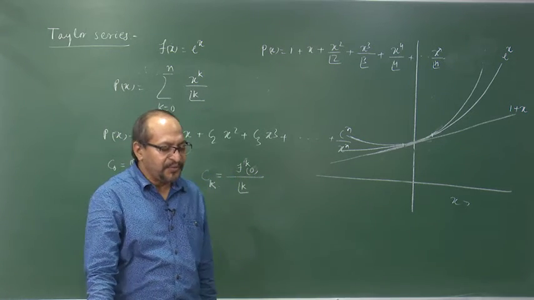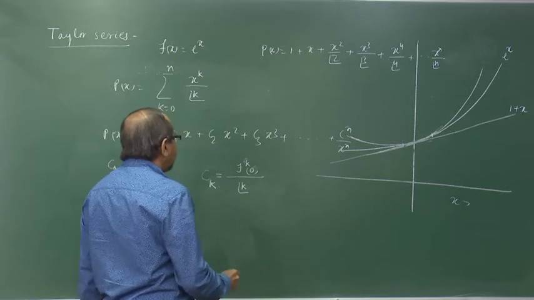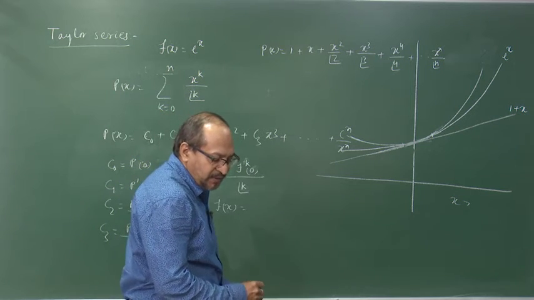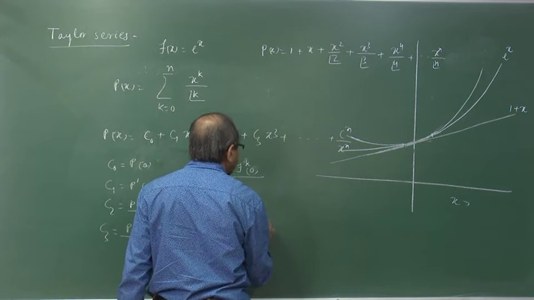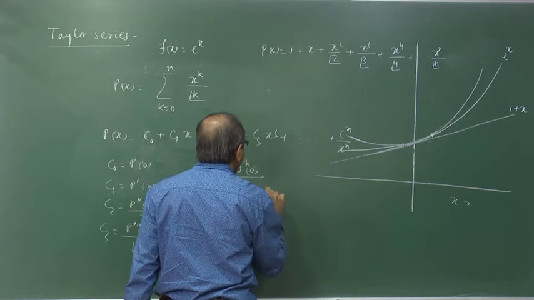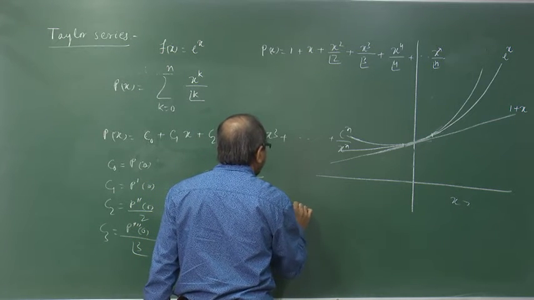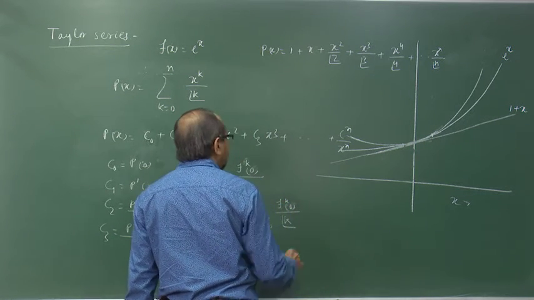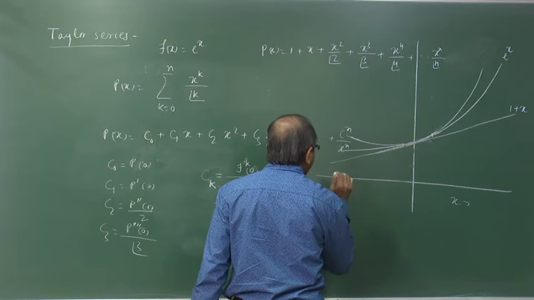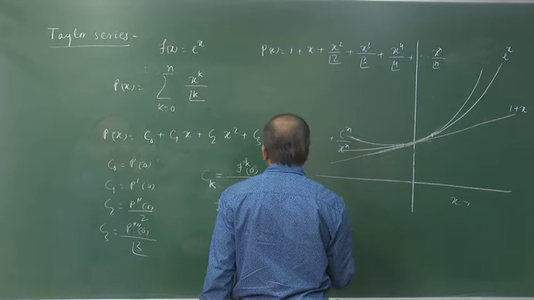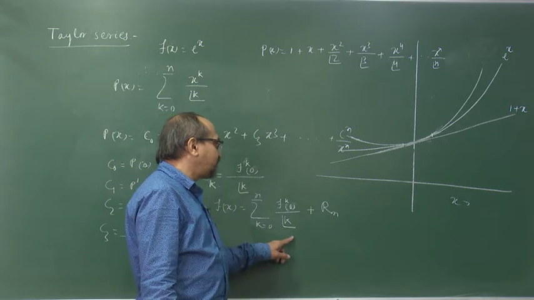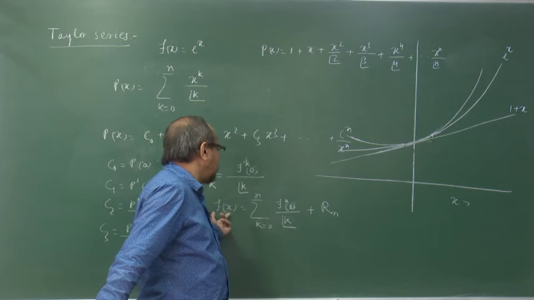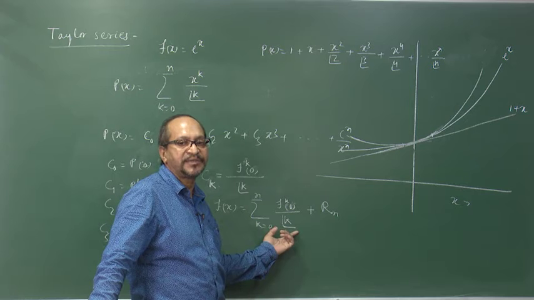Therefore, we can always write that f of x is equal to summation k equal to 0 to n of f k at 0 by k factorial plus some remainder R n, so that when the limit n tends to infinity, this R n tends to 0, then this function will be this infinite series.